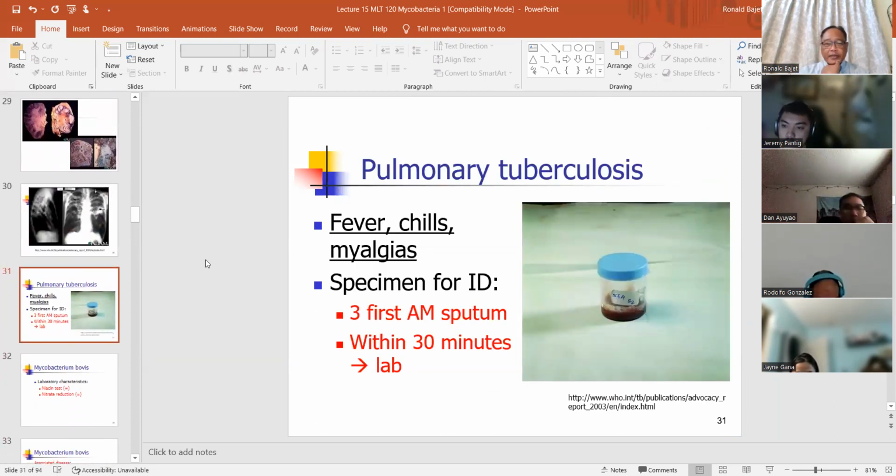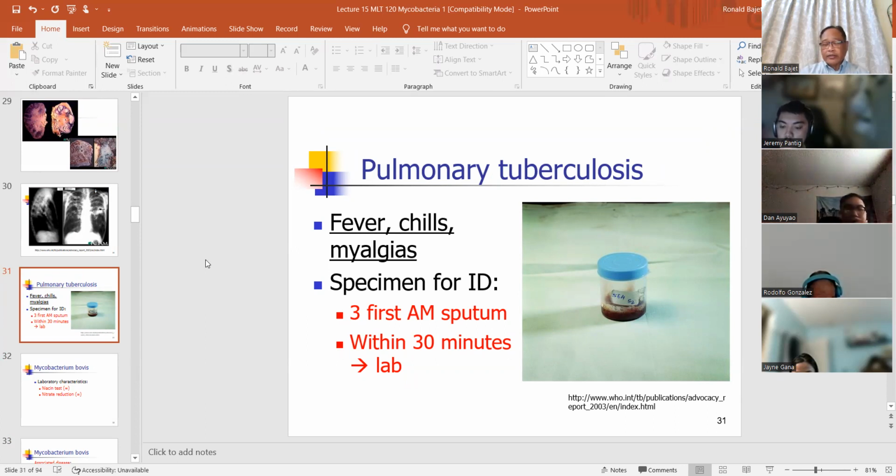Pulmonary tuberculosis, symptoms again: fever, chills, myalgia. Collection of specimens. The best specimens are combined days. First three morning sputum specimens, and you can combine them, like day 1, day 2, day 3. The doctor will give you three cups.